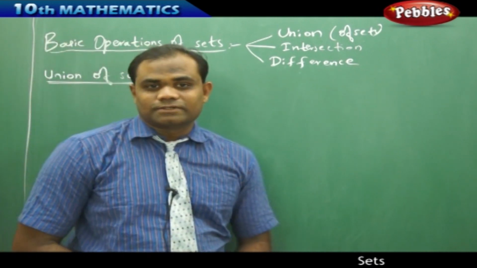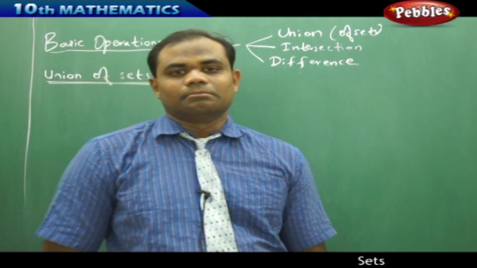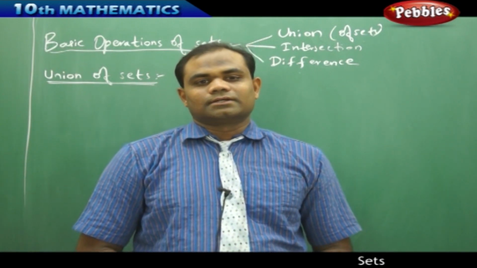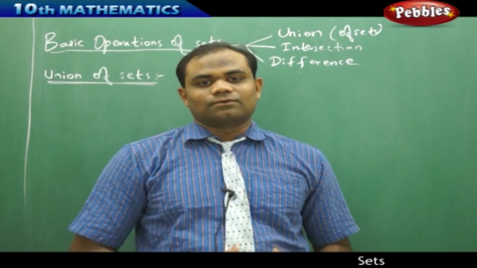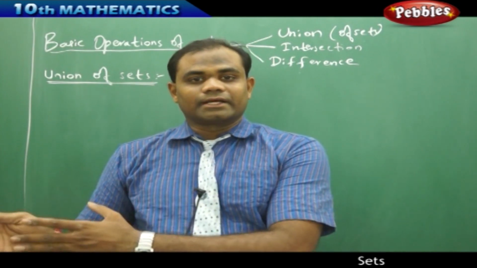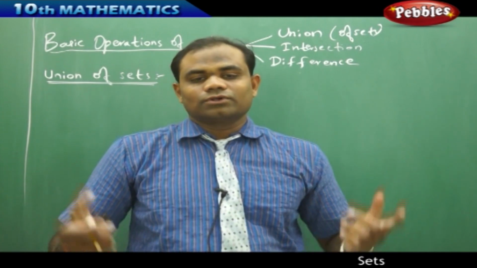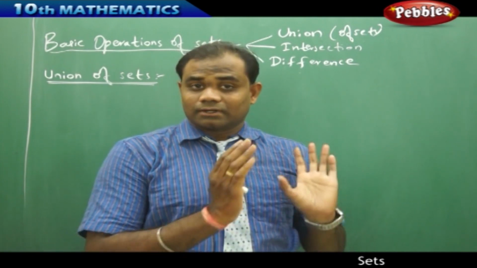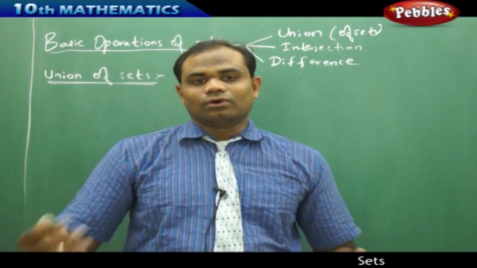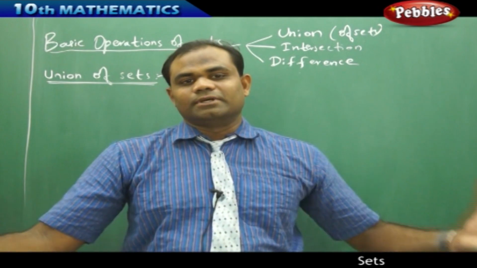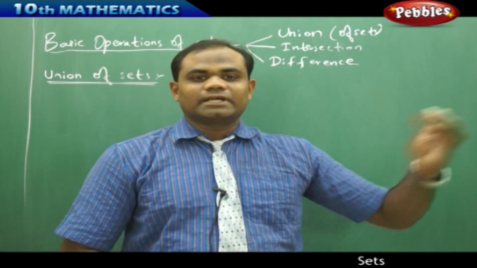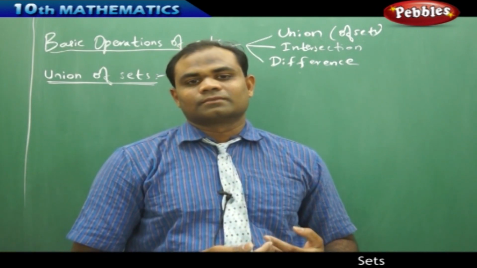So what is union of sets? The word union means uniting the 2 sets. I want to unite the 2 different classes, grade 10 section A and grade 10 section B. So when I want to make the union of class 10 section A and class 10 section B, I call all the students of 10A and 10B and put them together in one class. It's called the union of 10A and 10B.